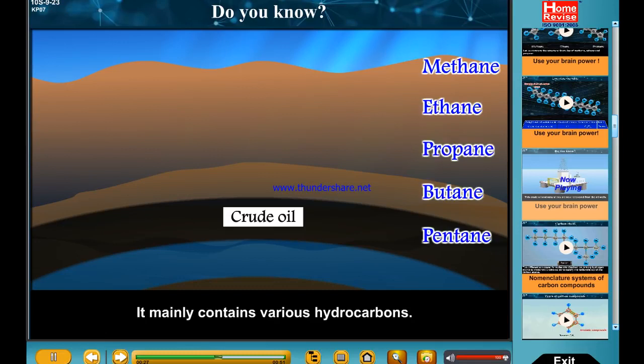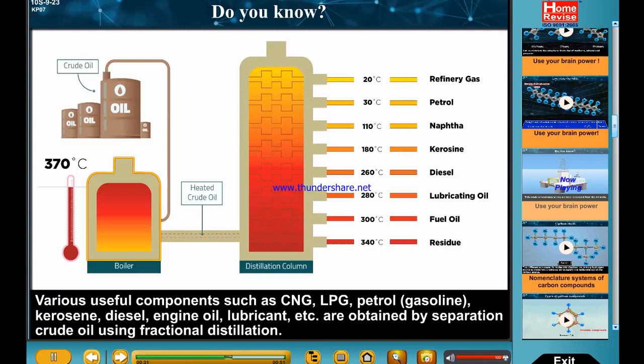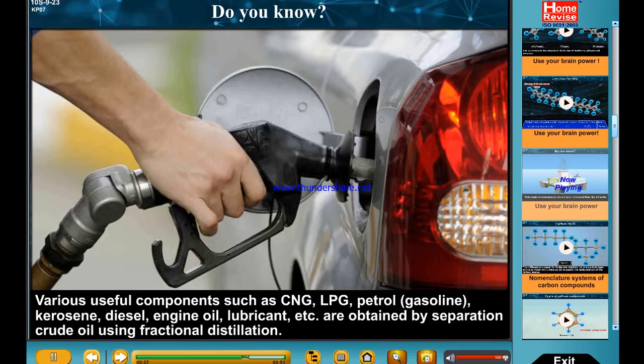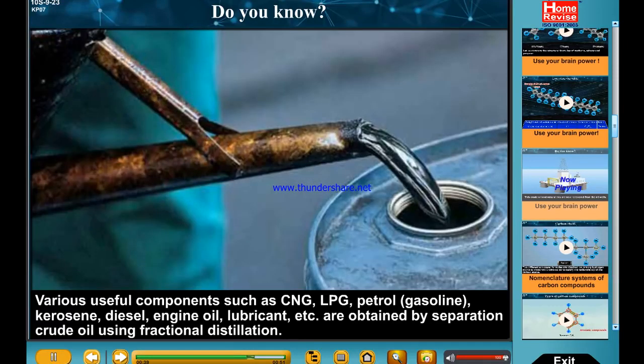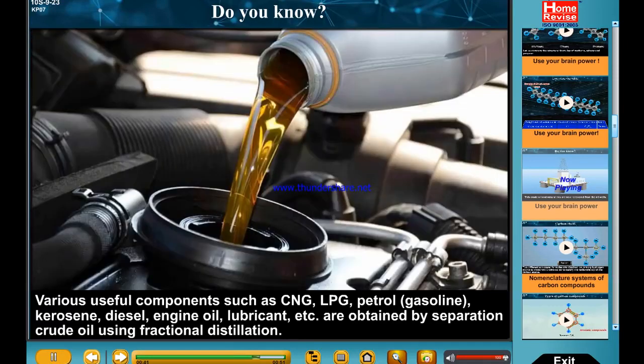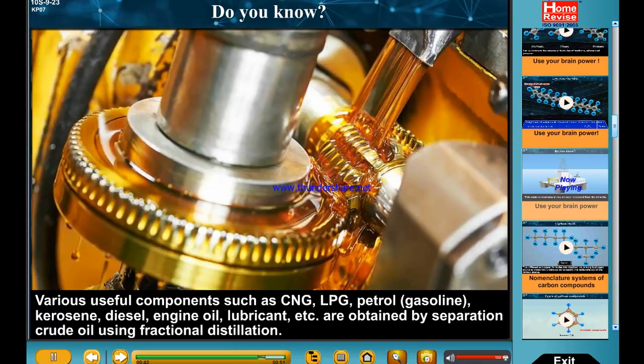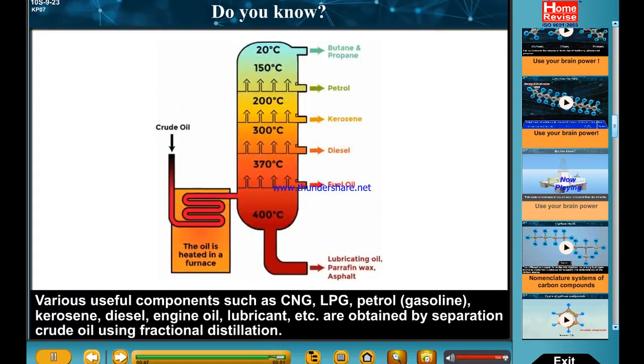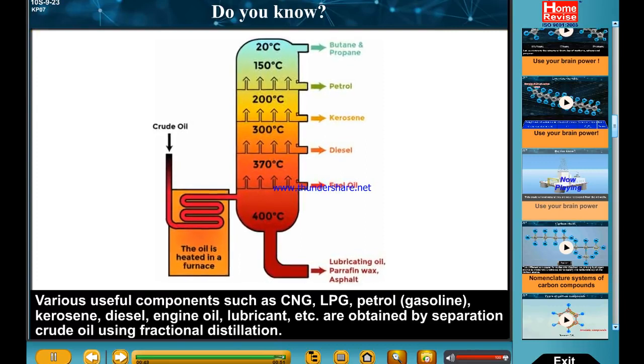It mainly contains various hydrocarbons. Various useful components such as CNG, LPG, petrol, that is gasoline, kerosene, diesel, engine oil, lubricant, etc. are obtained by separation of crude oil using fractional distillation.